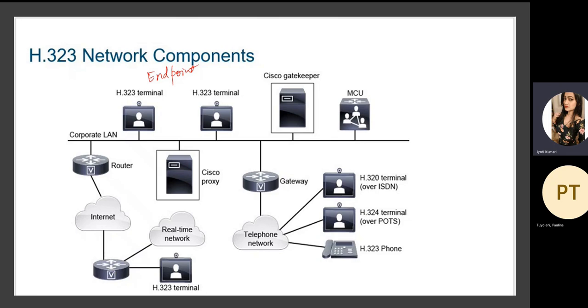Then we have MCU, multi-protocol control unit. We have some components like routers, Cisco proxy, real-time network tools, gateways, and terminals or endpoints like ISDN terminal, and like that. So this is what the H323 network components are.